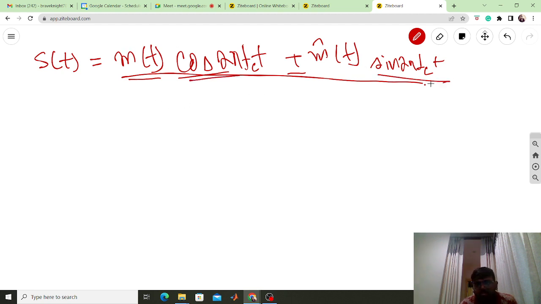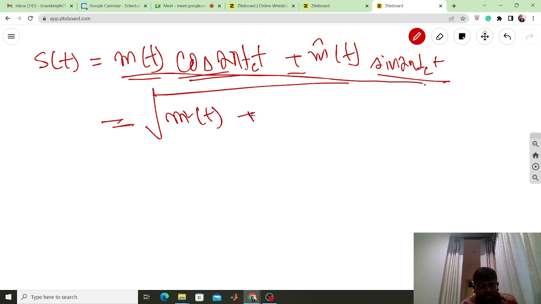These two terms are orthogonal terms. So basically the factor that will come is m squared of t plus m hat squared of t. That is the envelope. If you want to calculate the envelope of this signal, it will come as the amplitude of the in-phase and quadrature-phase components. Okay.